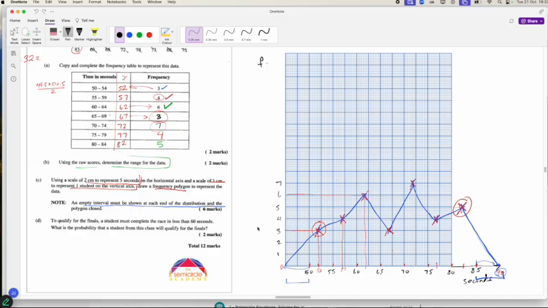Yes. So an empty interval must be shown at the end of the distribution. I have at this end an empty interval, and at this end an empty interval. And this is what I was talking about here. From this empty interval here is the polygon. We're closing the polygon. From here, we're closing it to the empty interval.